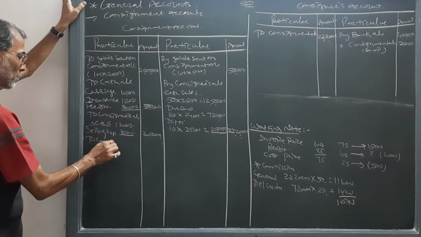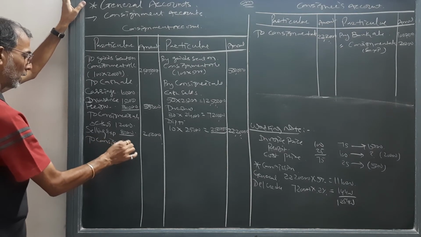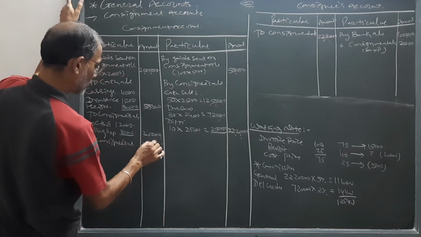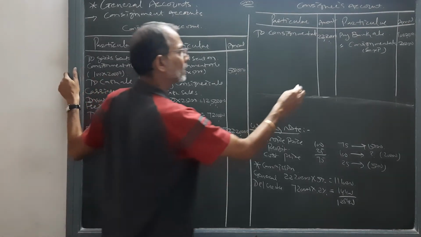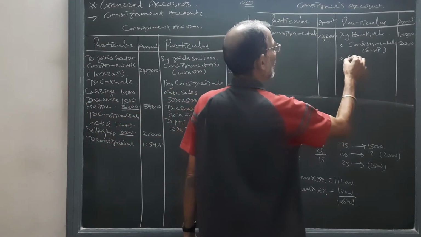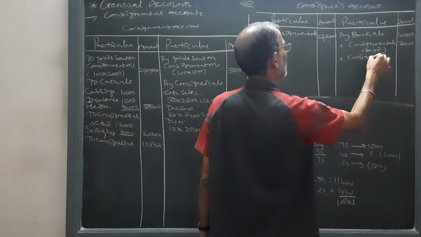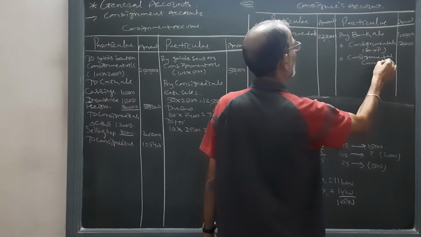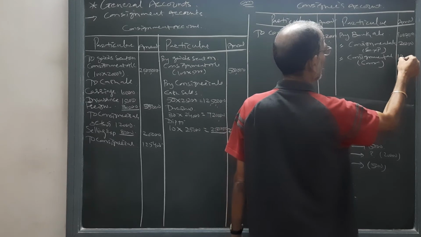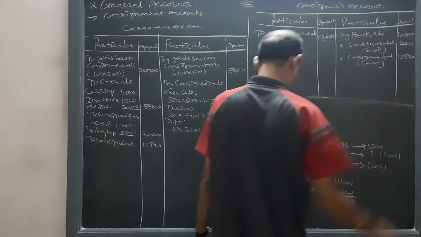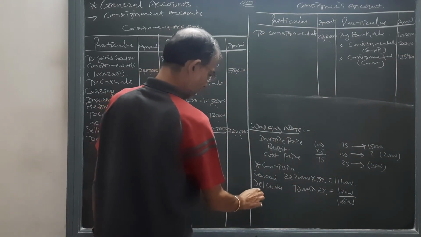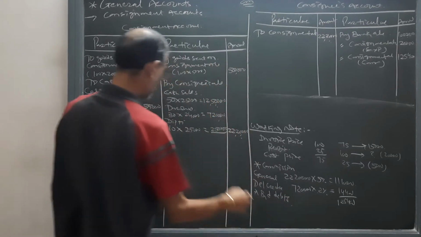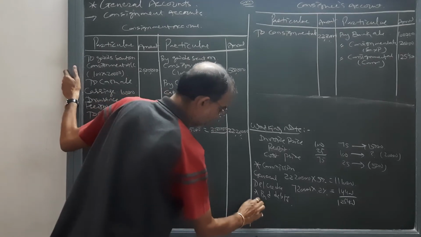To consignee's account, 1,25,400 by consignment account commission 1,25,400. Then after is bad debts, which will be only of Dipti.